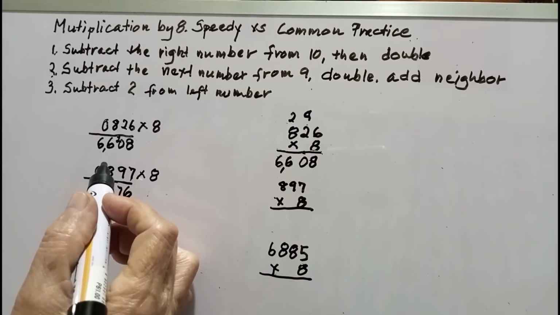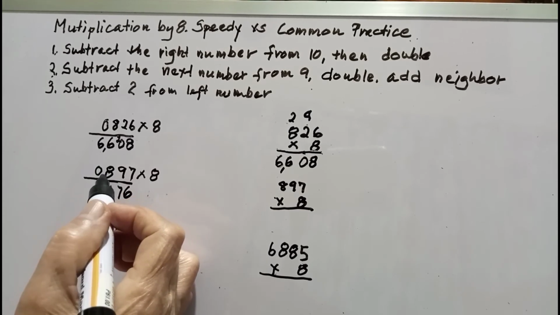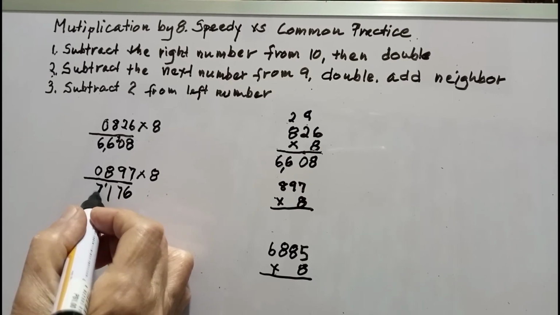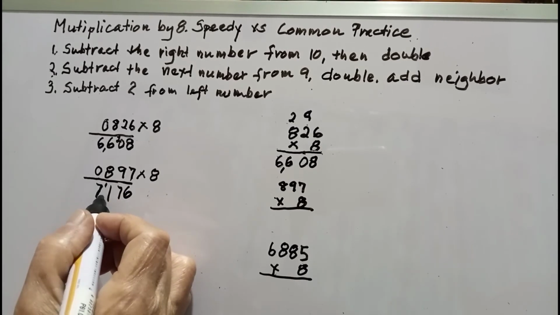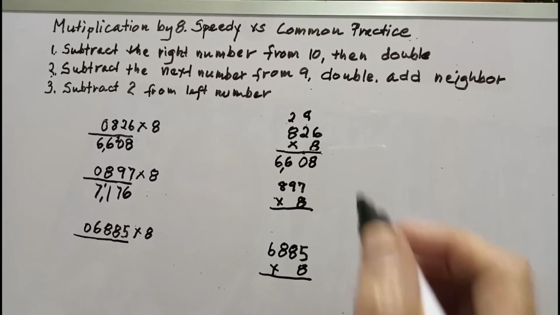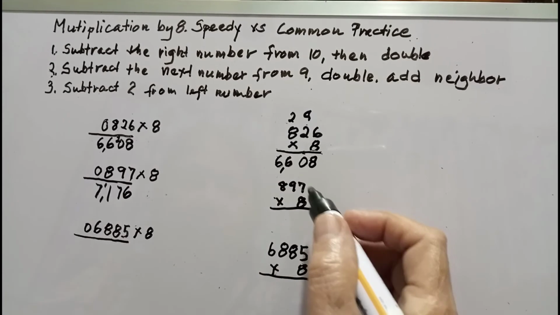And then 8 minus 2 equals 6, plus 1 equals 7. So the answer is 7,176. Now let's look at the common practice.